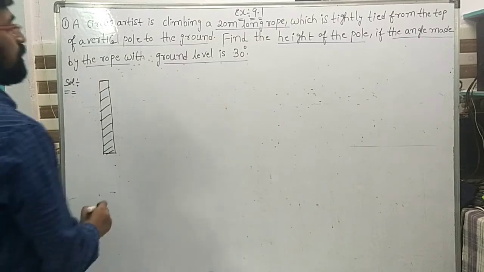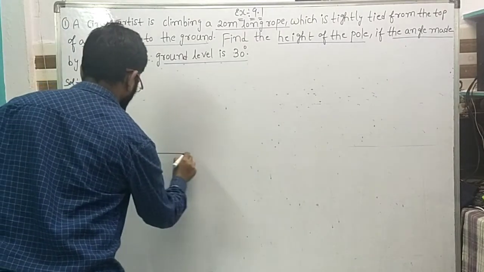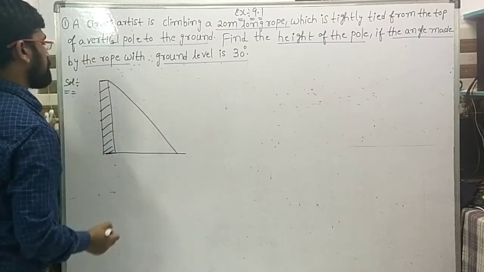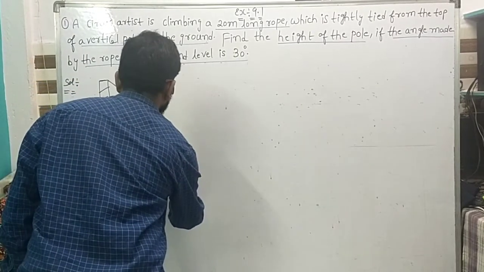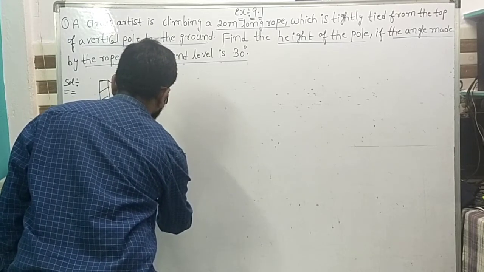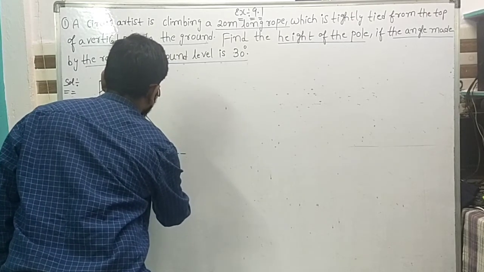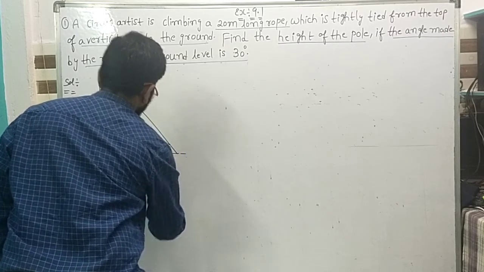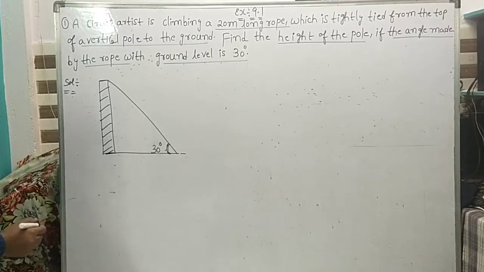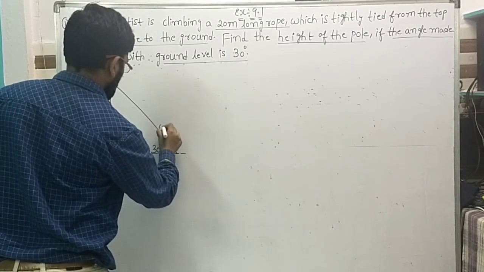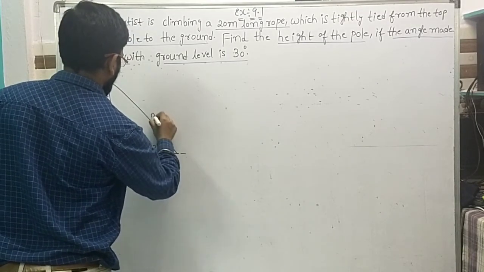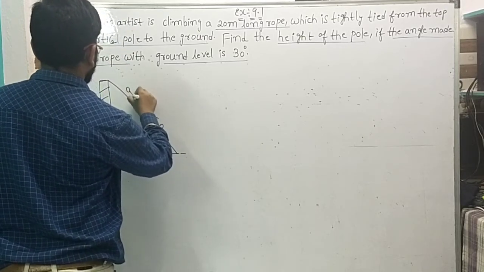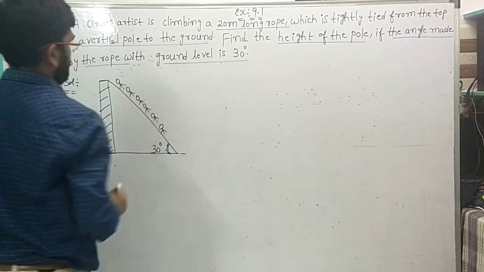To this pole, from the ground, a wire is stretched, tied at an angle theta equal to 30 degrees. The person is climbing this.